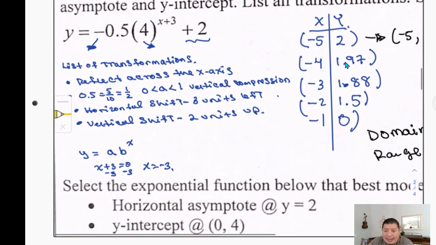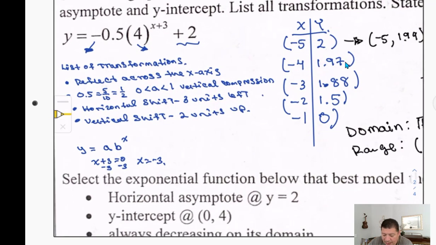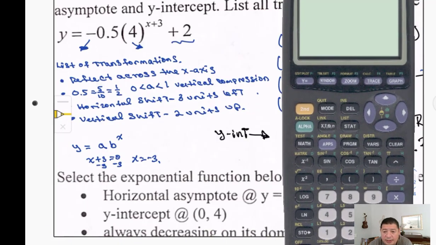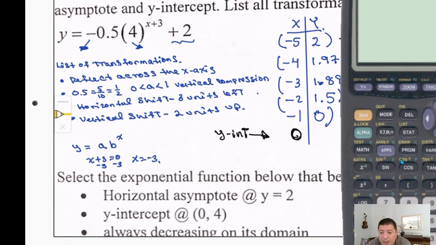So if we let x equal 0, let's go ahead and add it over here. This is going to be the y-intercept component. I'm going to need my calculator again, so I'm going to bring it back over here. And what we're going to do is recall my expression. Oops.